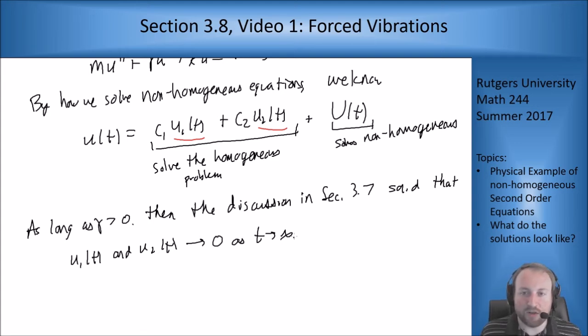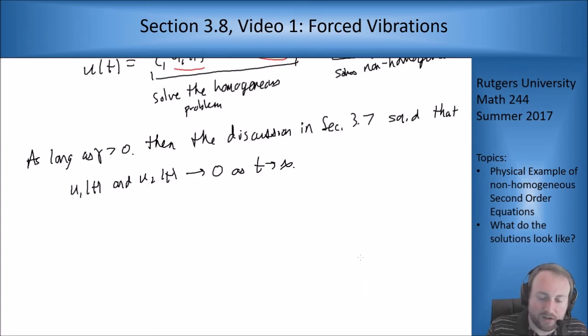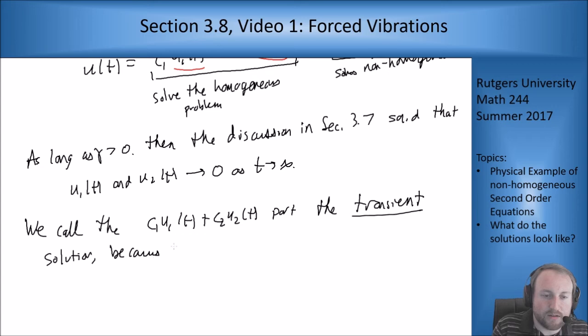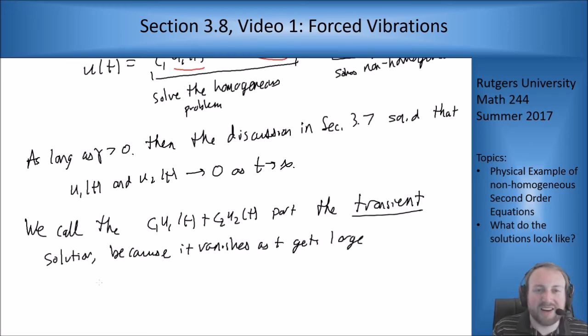And we're just going to be left with the capital U of t term as our solution at long times. So for this reason, we call the C1 U1 plus C2 U2 part the transient solution, because it vanishes as t gets large, and really because it's an exponential in how it decays, it's generally not important after a few seconds.